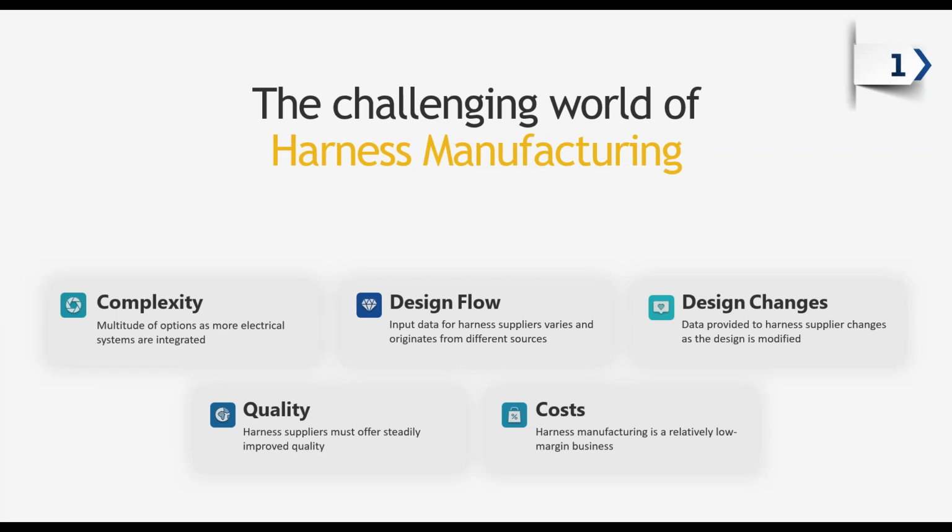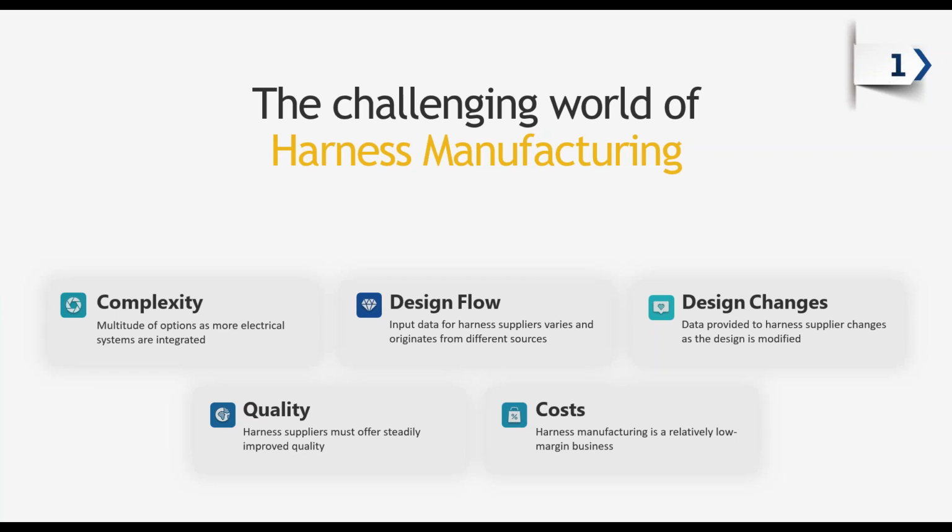Often, the merging of wiring and mechanical data is especially problematic. Design objects may be named or represented differently between the CAD design and the wiring diagram. Sometimes they're not even represented at all. Synchronizing is time-consuming and error-prone because harness suppliers are forced to manually merge or re-enter data.